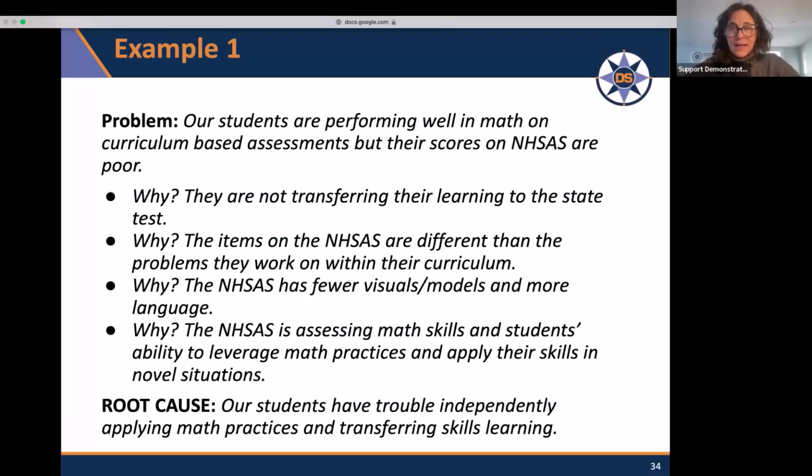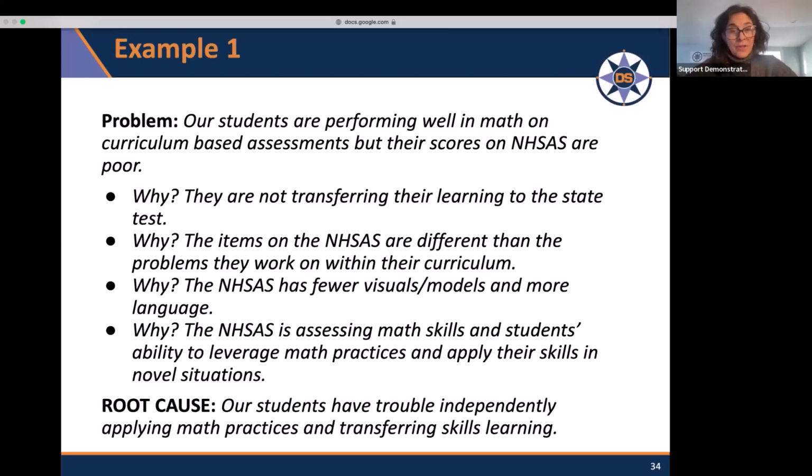I identified a problem. Our students are performing well in math on curriculum-based assessments, but their scores on SAS are poor. Okay, why? Well, they're not transferring their learning to the state test. Why? Well, the items on the SAS are different than the items that they're working on daily in their curriculum.